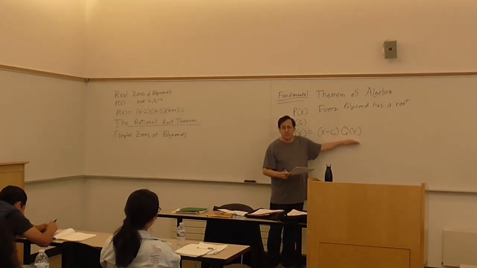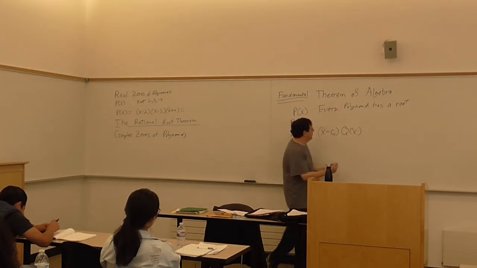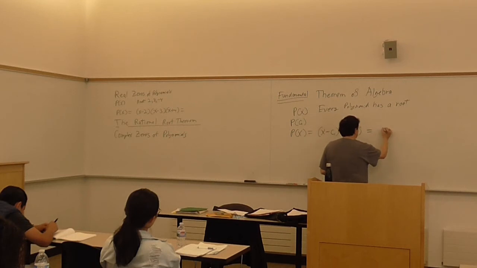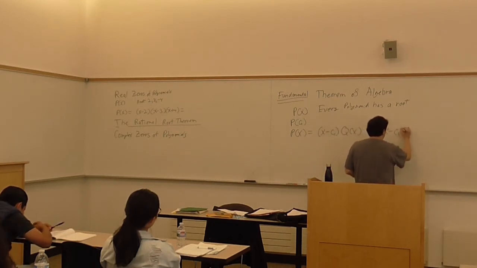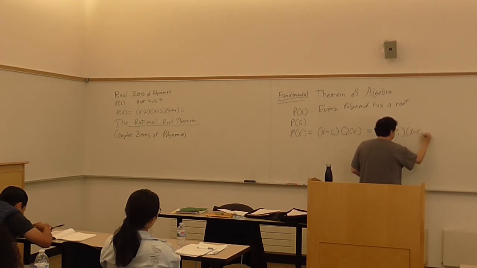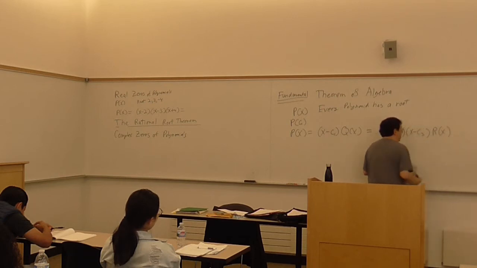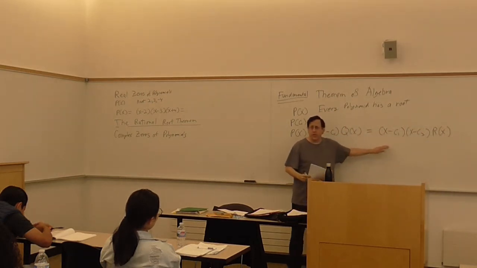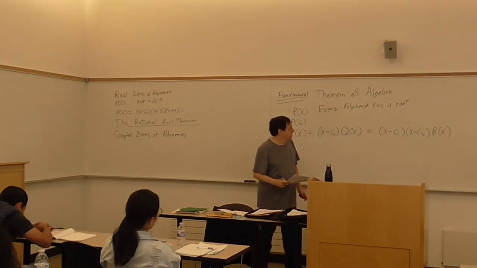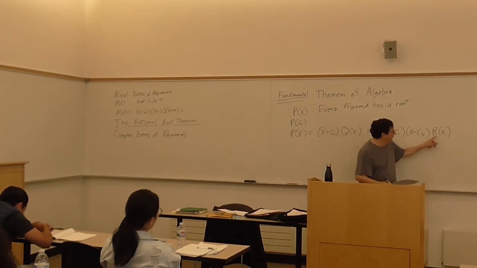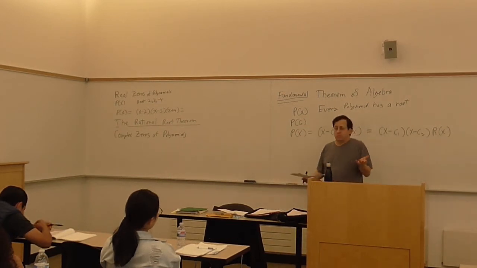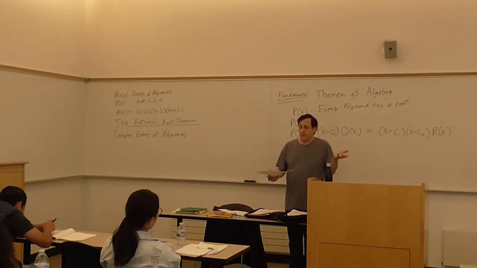So this polynomial, by the fundamental theorem, also has a root. We'll call that c2. So then p of x is equal to x minus c1 times x minus c2 times some other polynomial, r of x. And we can keep doing this until whatever polynomial we have here is just degree 1. It just has one root, and then we're done.